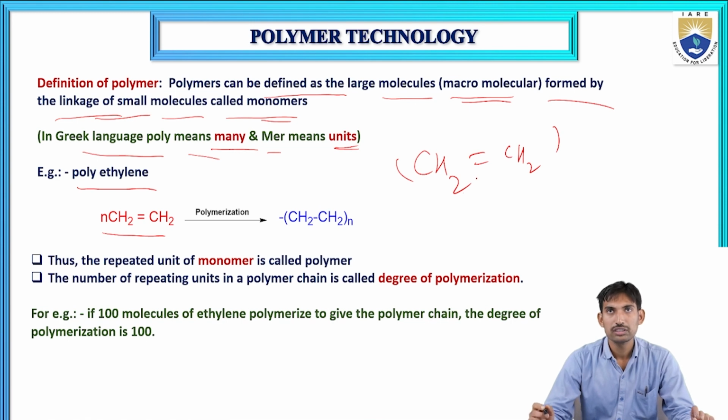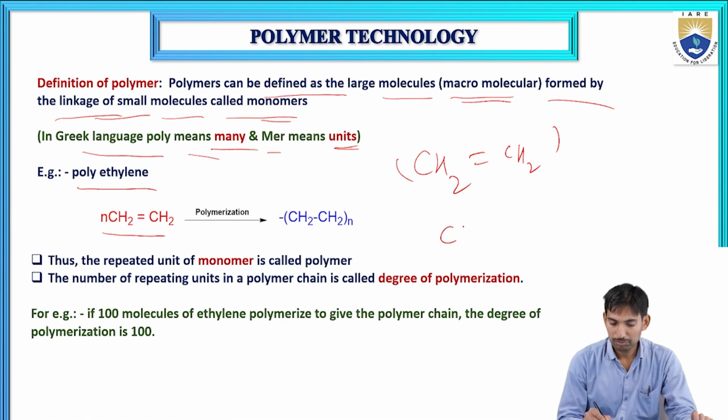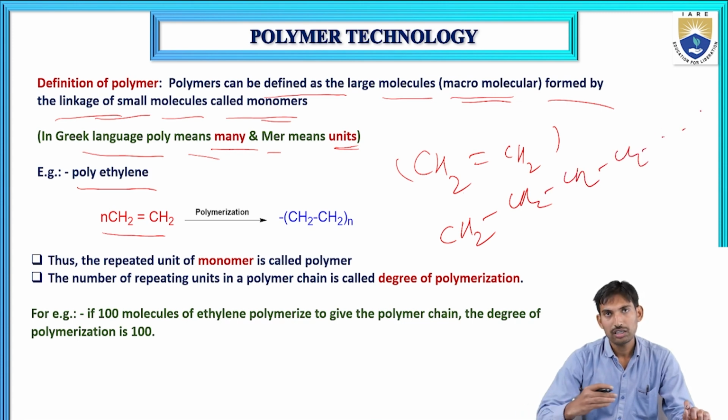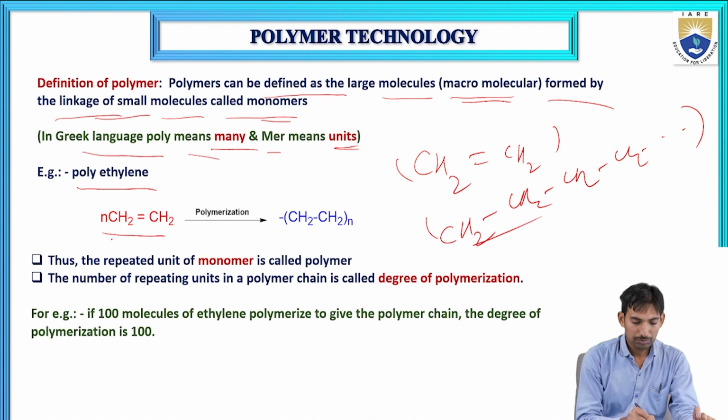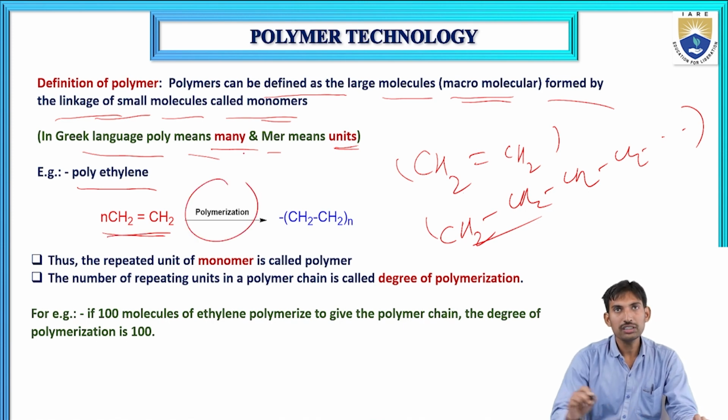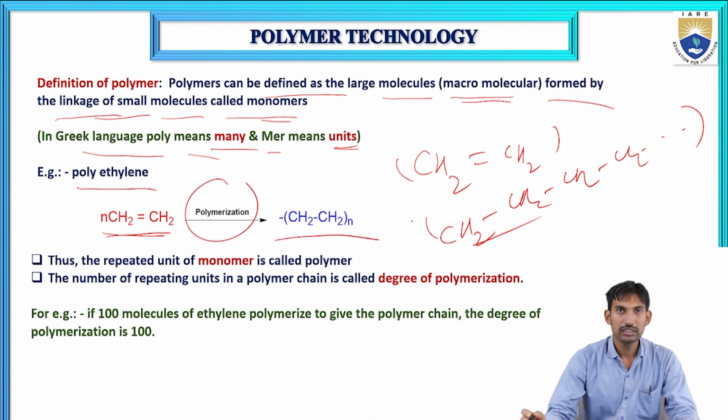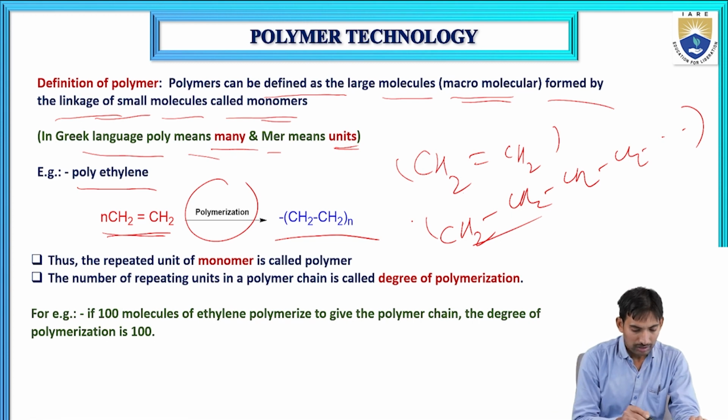These monomers link together and form a large molecule like CH2 CH2 CH2 CH2. This is the example. Ethylene undergoes polymerization and forms polyethylene. Thus, the repeated unit of monomer is called polymer.